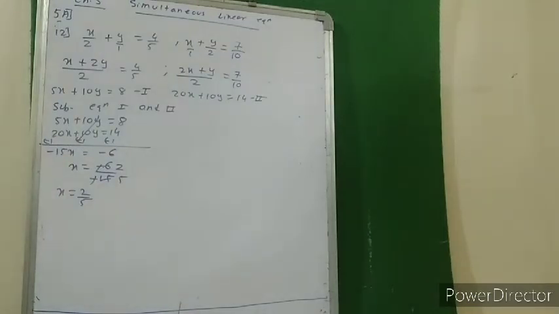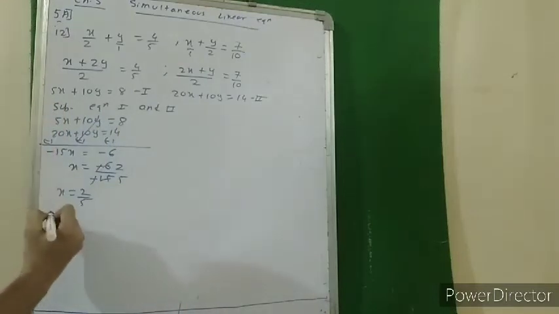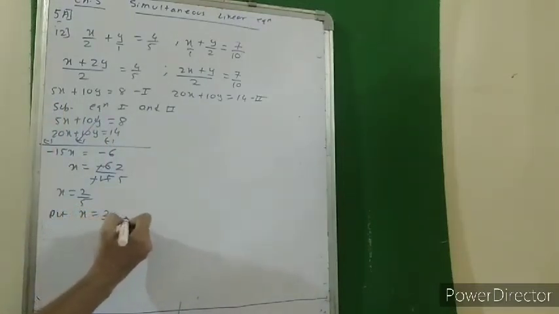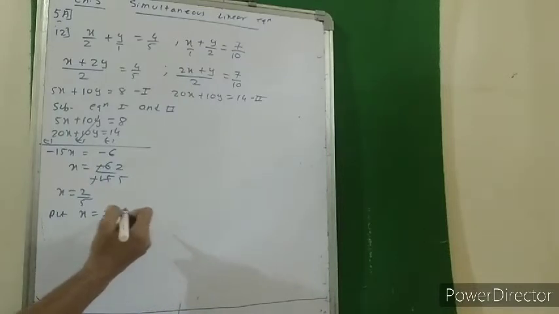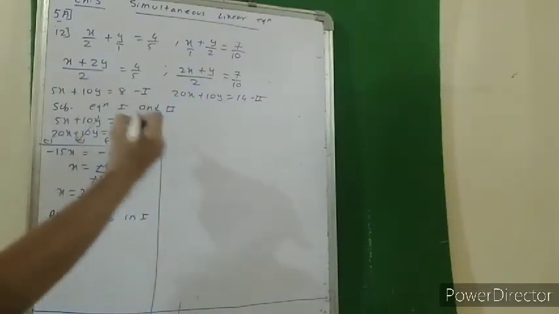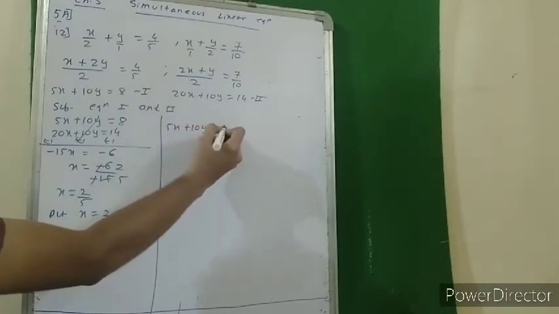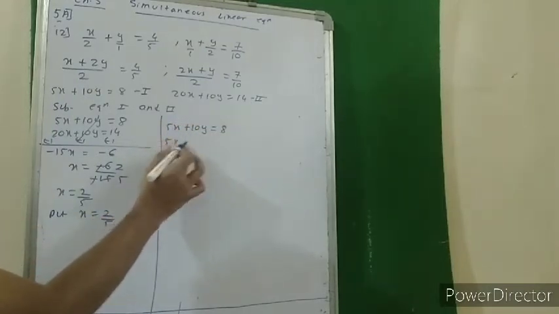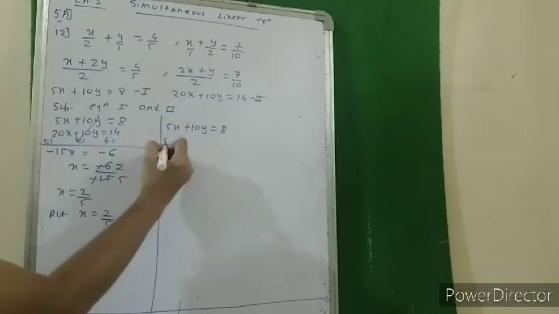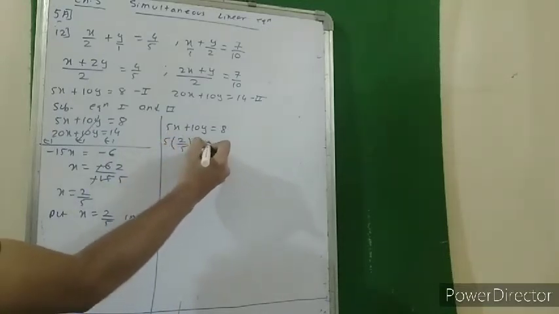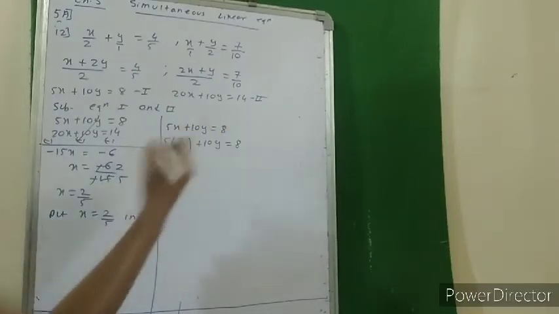Okay. Now I will substitute the value of x in any of the equations, say equation number 1. Put x is equal to 2 upon 5 in 1. What is 1? 5x plus 10y is equal to 8. 5 into x, what is x? 2 upon 5, plus 10y as it is, and 8 as it is.